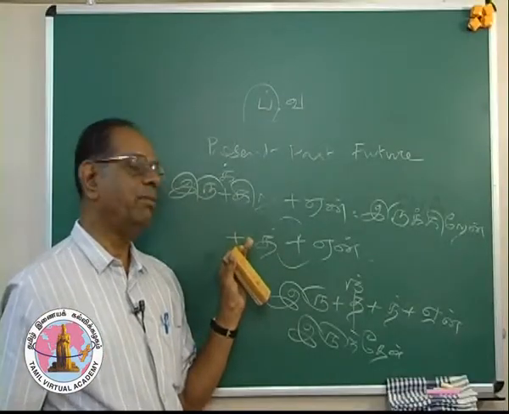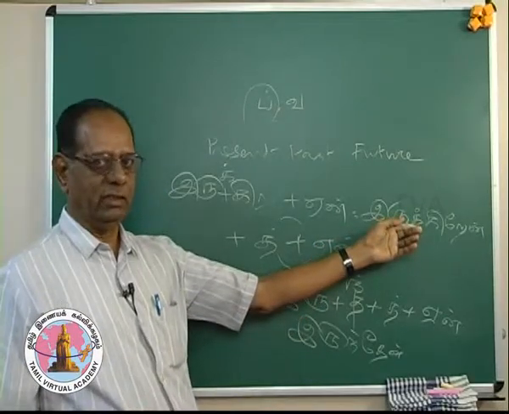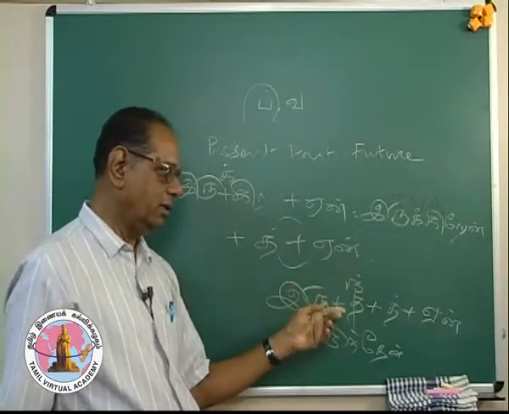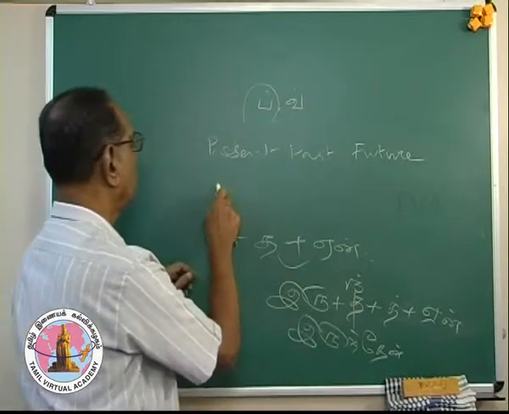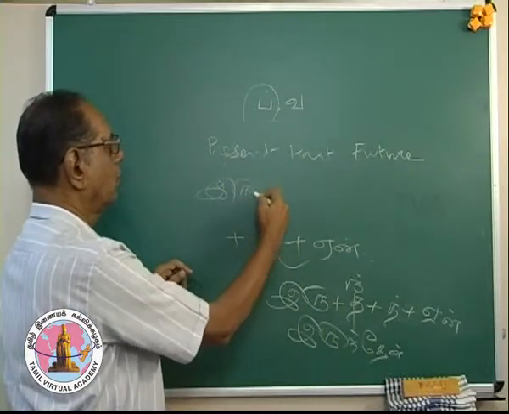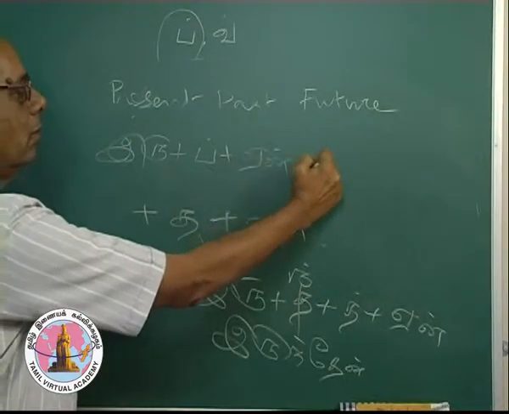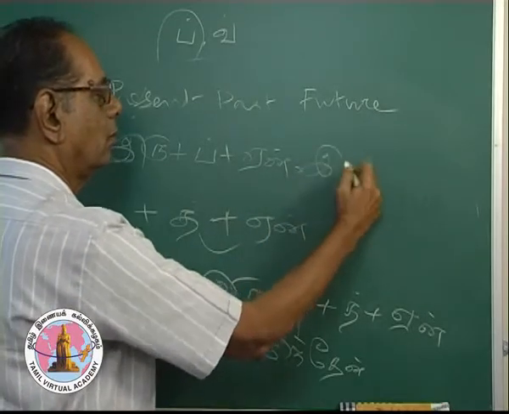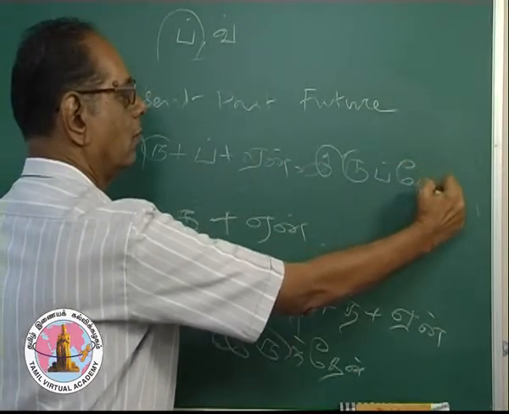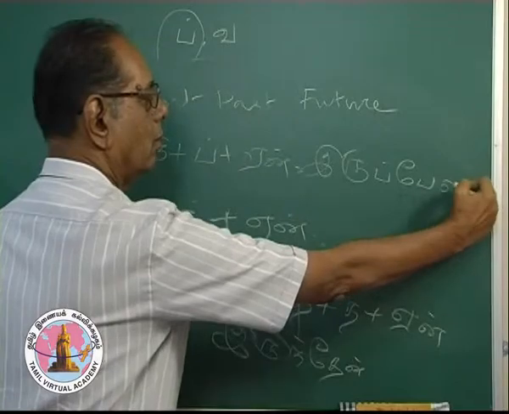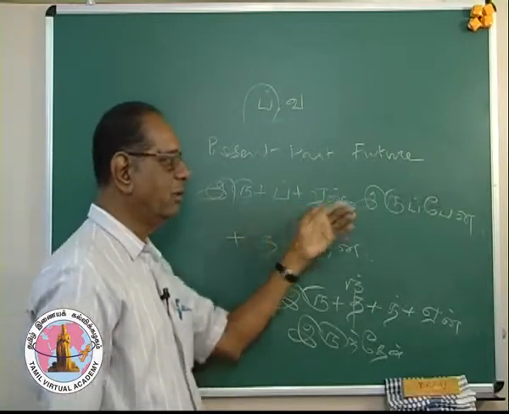Here you have an example of a verb which does undergo a change in the present tense and has two changes made in the past tense. In future tense, it accepts up and gets doubled.